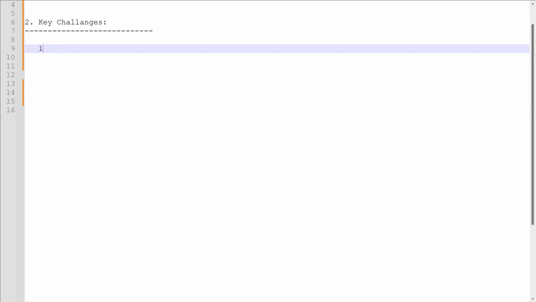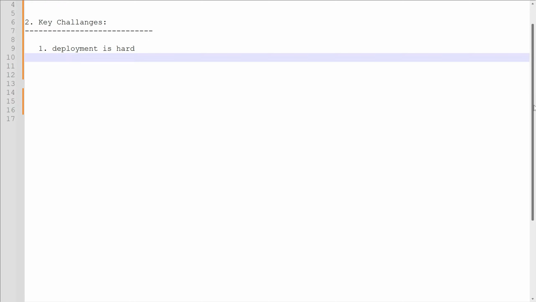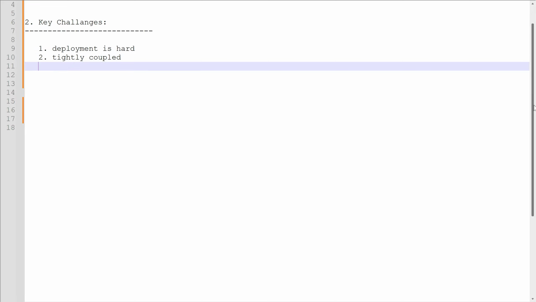So the key challenges are: deployment is hard. The second key challenge is monolithic applications are tightly coupled.